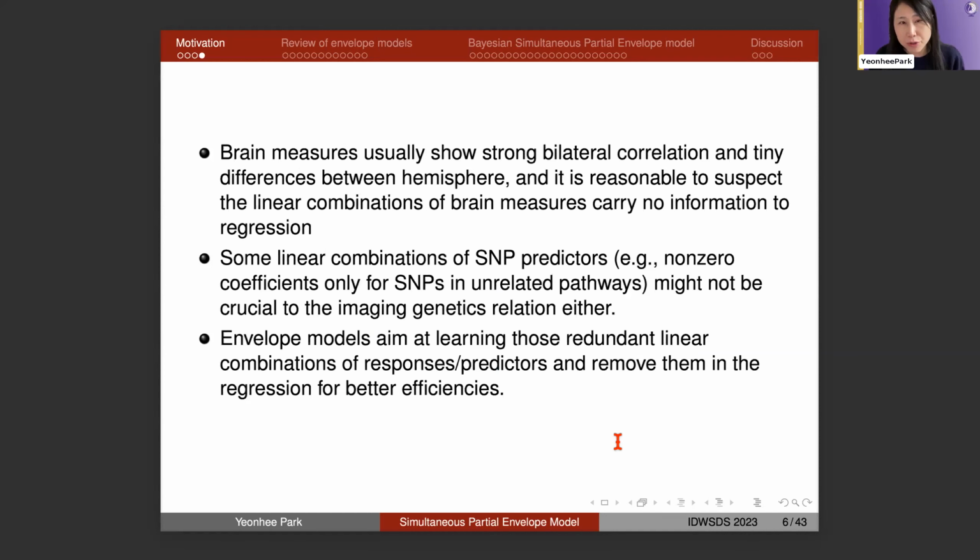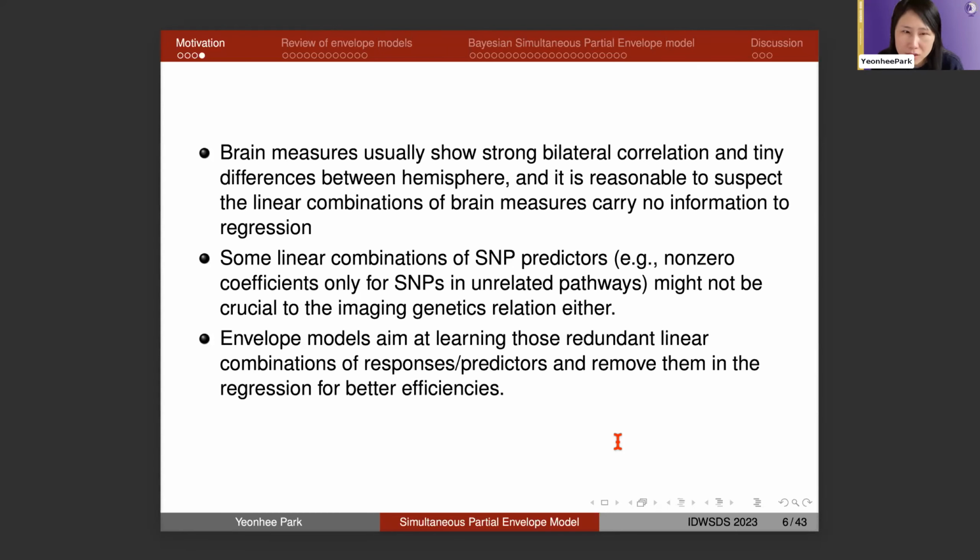Brain measures usually show the strong bilateral correlation and tiny differences between hemispheres, so it is reasonable to suspect some linear combinations of brain measures carry no information to the regression. Also, some linear combinations of SNPs might not be crucial to the imaging genetics relation either.